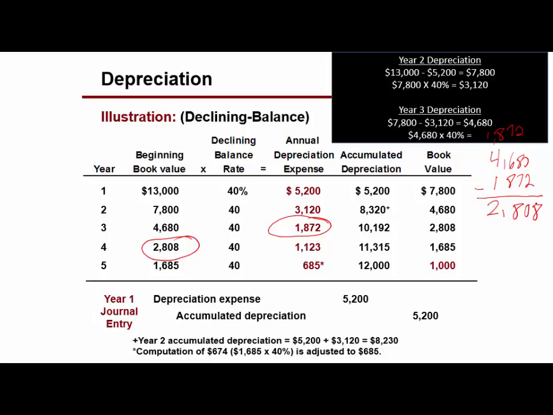Right? Okay. I take that 2,808. I multiply that by 40%. That gives me 1,123. Good. I take the 1,123 and I subtract that off of the 2,808.